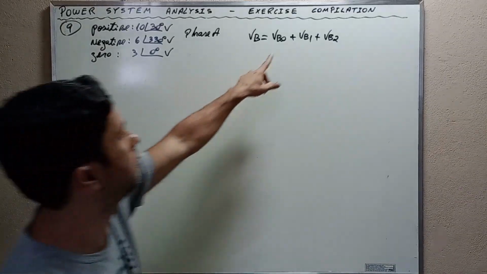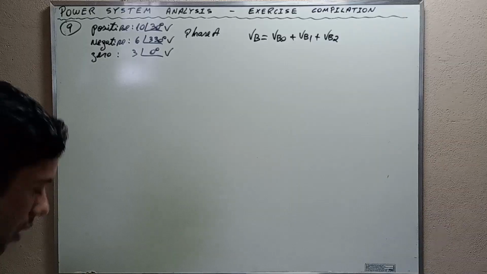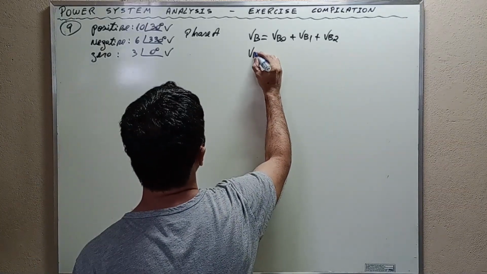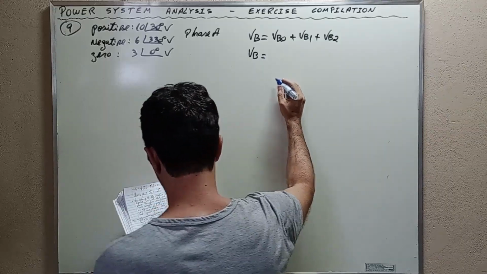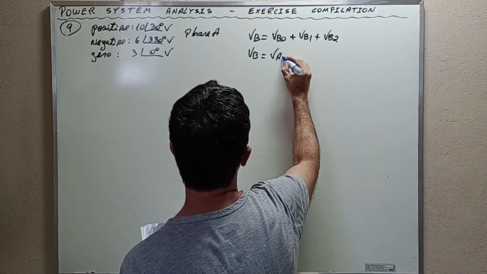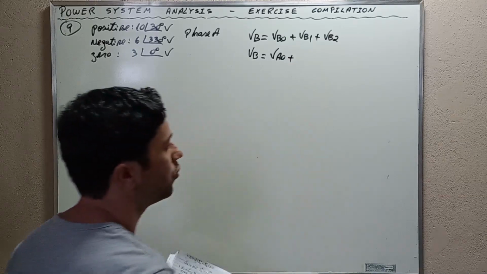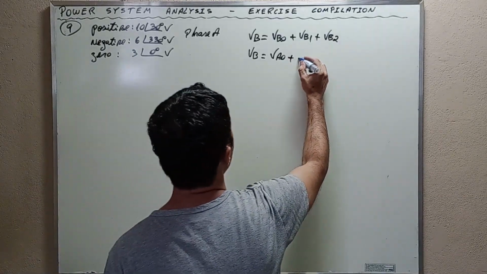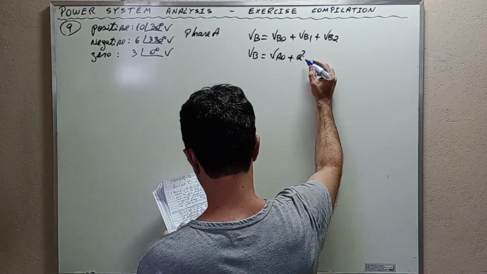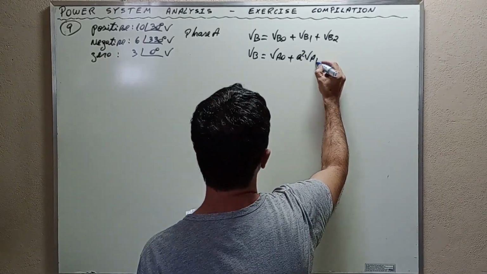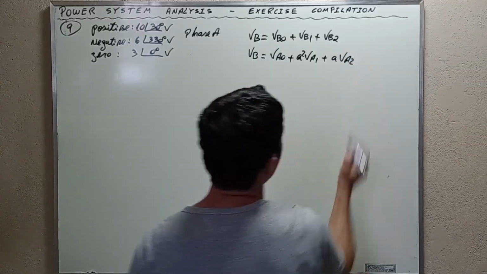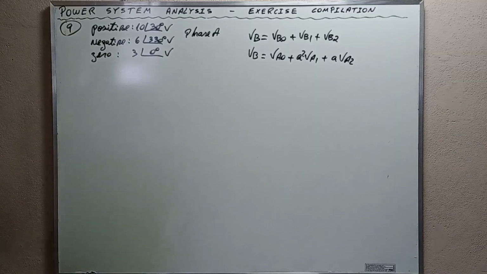How? I'm gonna show you. VB is equal to VA0, VA of zero sequence, plus A squared times VA of positive sequence plus A times VA of negative sequence, okay? Now we can use the values, alright?